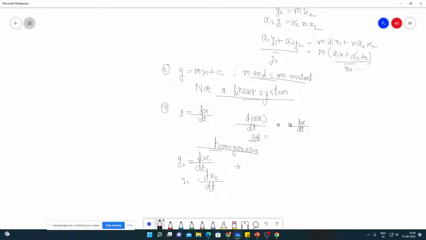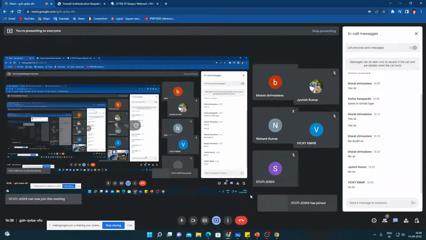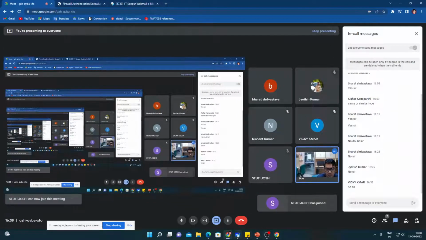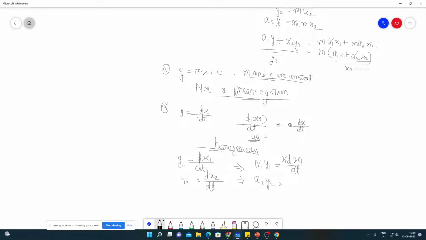If we consider homogeneity, alpha 1 y1 equals alpha 1 dx1 by dt, and multiplying x2 with alpha 2, alpha 2 y2 equals alpha 2 dx2 by dt.